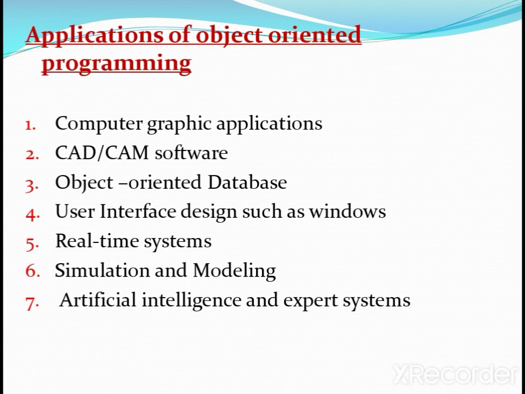Last concept, applications of object-oriented programming. These are some of the different application areas. Computer graphics applications: the object-oriented programming approach is an easier method to design and implement programs, and the programs are easier to upgrade and modify.